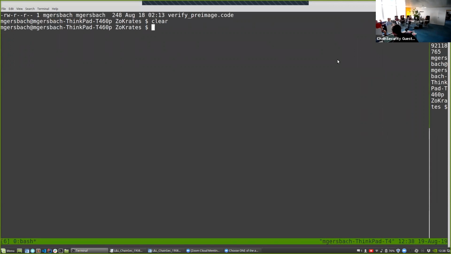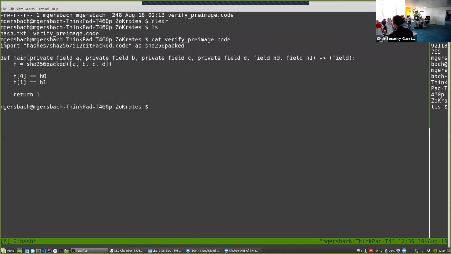That's good. Okay, so I'm here in a folder which has two elements. The first one is not really relevant. It's just so that I can later on generate this witness, and the second one actually has the code, the Sokratis code, which I just presented on the slide.